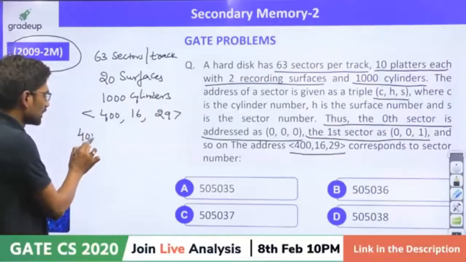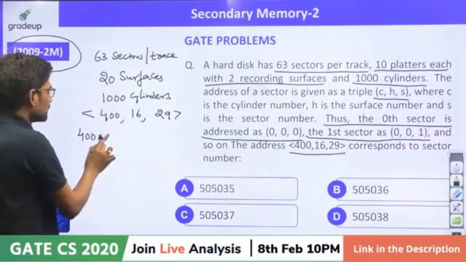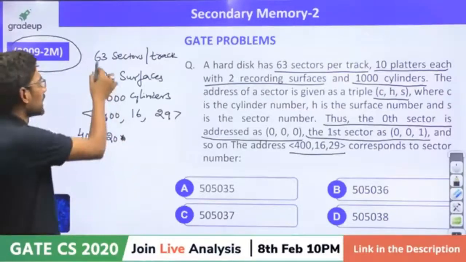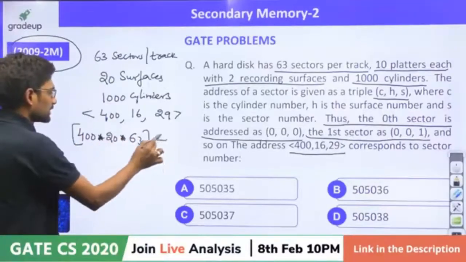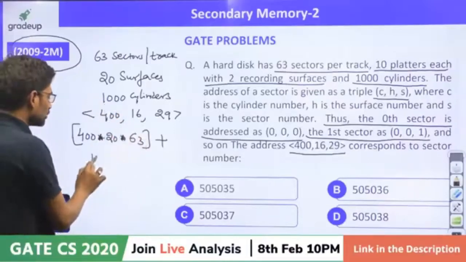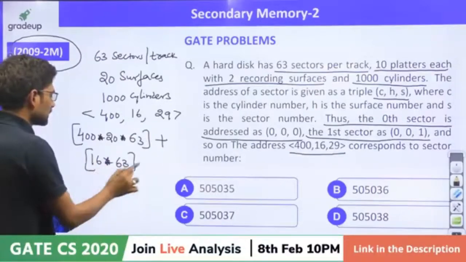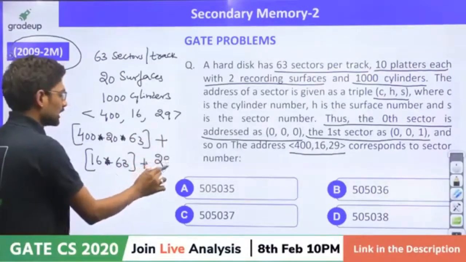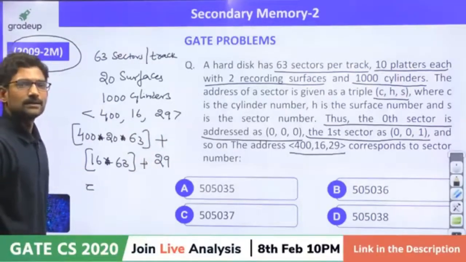C, 400, multiplied by number of surfaces 20, number of sectors per track 63, plus H, 16, into number of sectors per track 63 plus S value 29. So just expand it with the calculator.